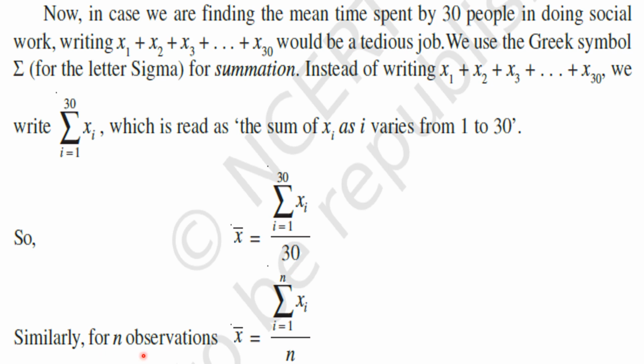Similarly, if n observations were considered, then x bar is equal to sigma i equals 1 to n of xi by n. We have to use this formula for ungrouped data to find the mean of ungrouped data. Remember this formula, my children? Okay, right.